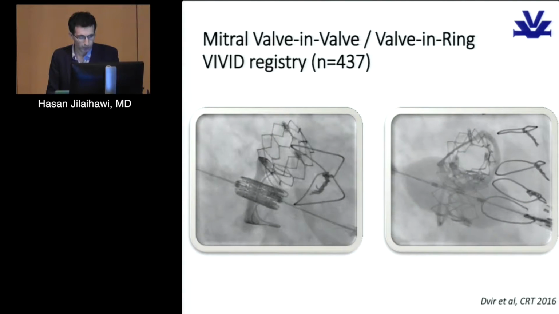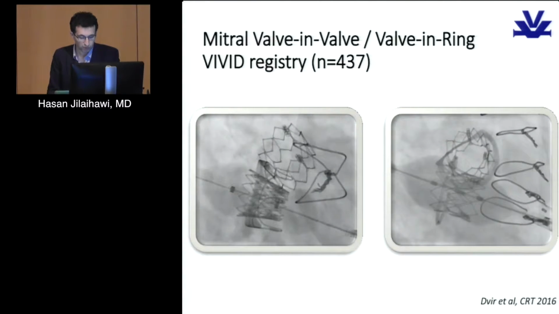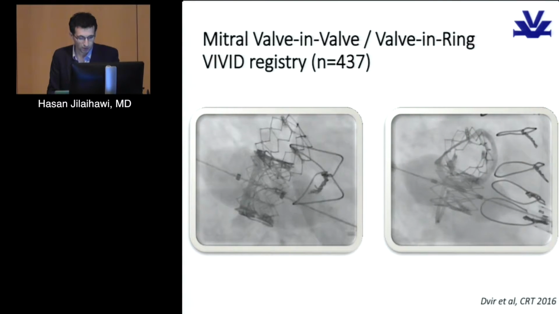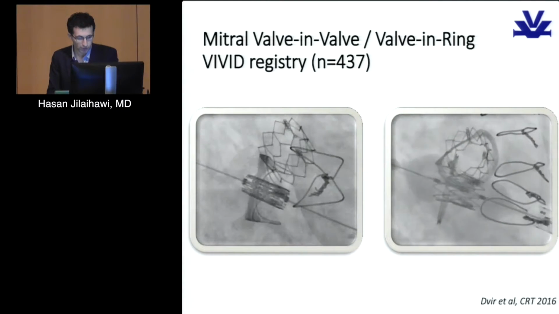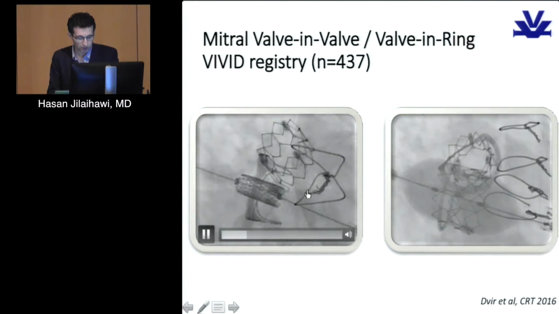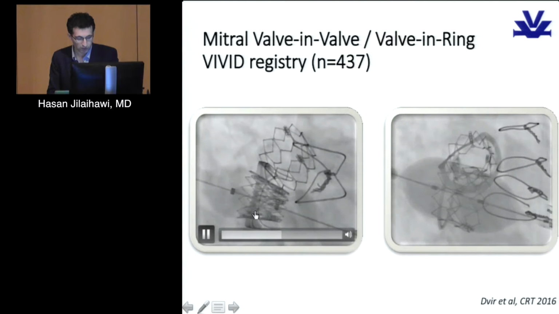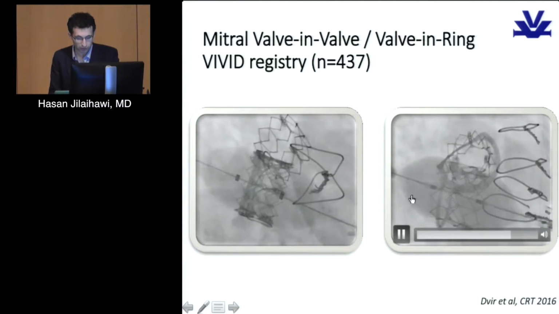So mitral valve in valve, valve in ring: these are images from Danny DeVere's registry. These are procedures where we're using CT routinely. If you're doing valve in valve, the LVOT is often protected by your mitral bioprosthetic frame, but that's not the case with valve in ring.